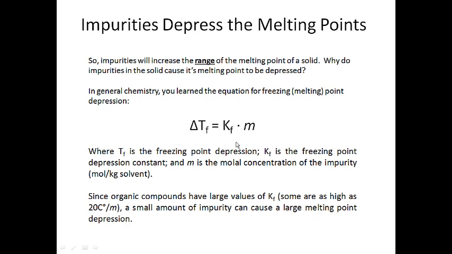So the idea here is that if you do have impurities in your sample, you'll get a depressed melting point, and you'll also get a fairly large range, 6 to 7 or 6 to 10 degrees Celsius, as opposed to the 1 to 2 degrees Celsius range, and a range that's very close to the literature value if your sample's pure. So we use melting point as a qualitative test of purity. It's not perfect, but it's good enough for what we do during the course of the year. Okay, so you get melting point depression from the impurities.